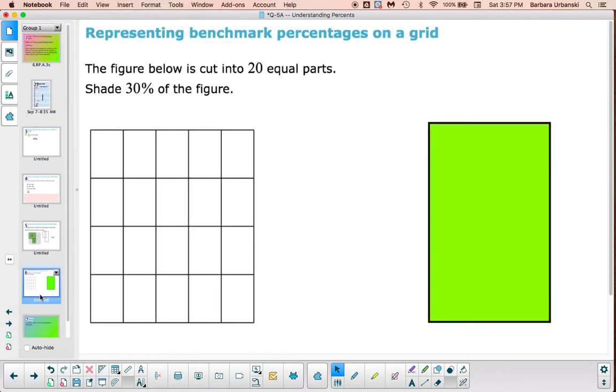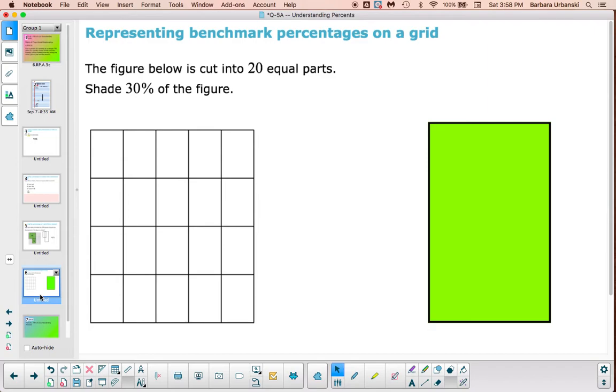Now, the next type of problem is representing benchmark percentages on a grid. Here's the grid. They're telling you it's divided into 20 equal parts. They want you to shade 30% of the figure. Well, the first thing you've got to realize is that the whole thing is going to be 100%.